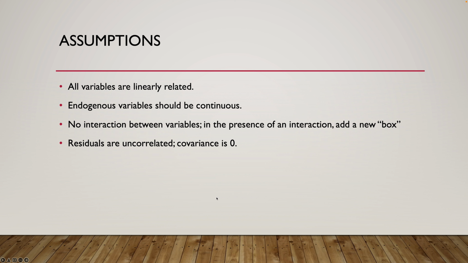Assumptions, pretty straightforward. All variables are assumed to be linearly related. Endogenous variables should be continuous. A lot of people say that if you have ordinal data, as long as you have seven levels. So let's say you wanted to include Likert scale data as an endogenous variable.